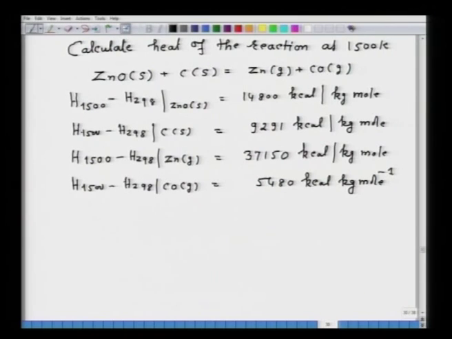Now, you also require to calculate the heat of reaction. Say you require the heat of formation of compounds, say delta HF ZnO is equal to minus 83,310 kilocalorie per kg mole.